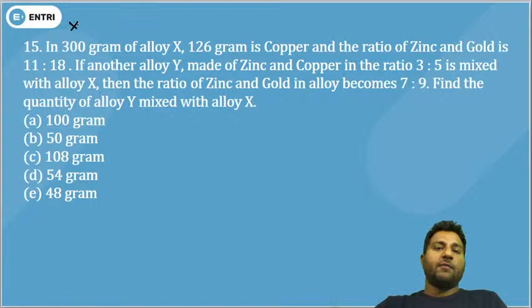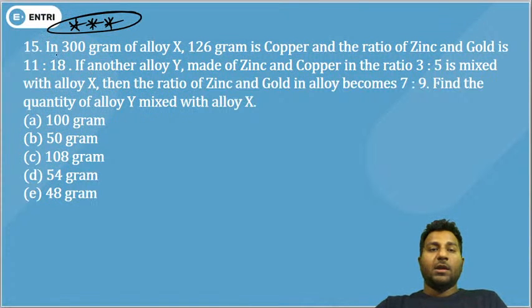Here comes the next, a very, very important question. So how are you going to solve this one? In 300 grams of alloy X, 126 grams is copper.